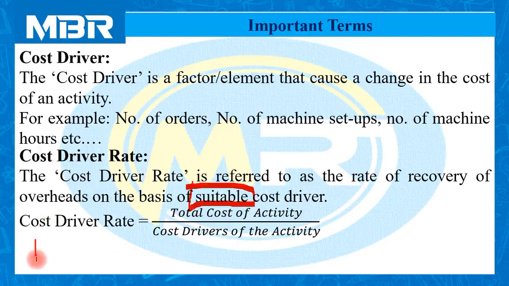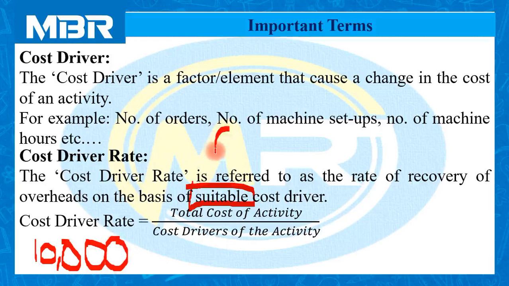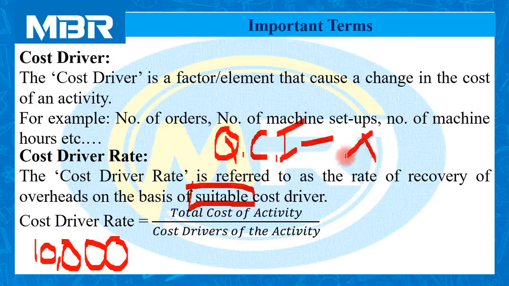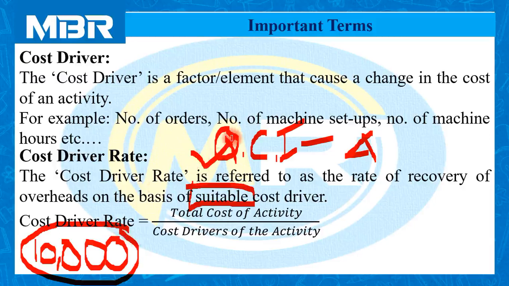Say for example, we have incurred rupees 10,000 on quality control and inspection. Quality control and inspection is known as the activity. We have incurred a total of rupees 10,000 on different activities related to quality control and inspection.